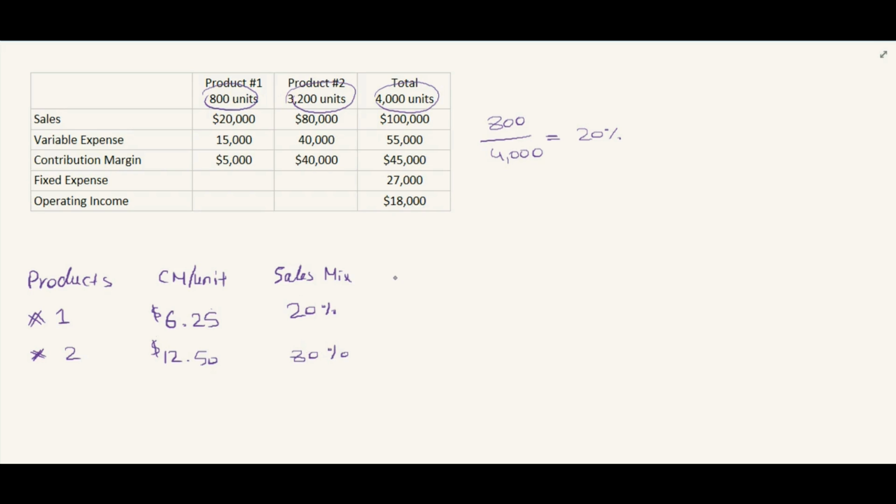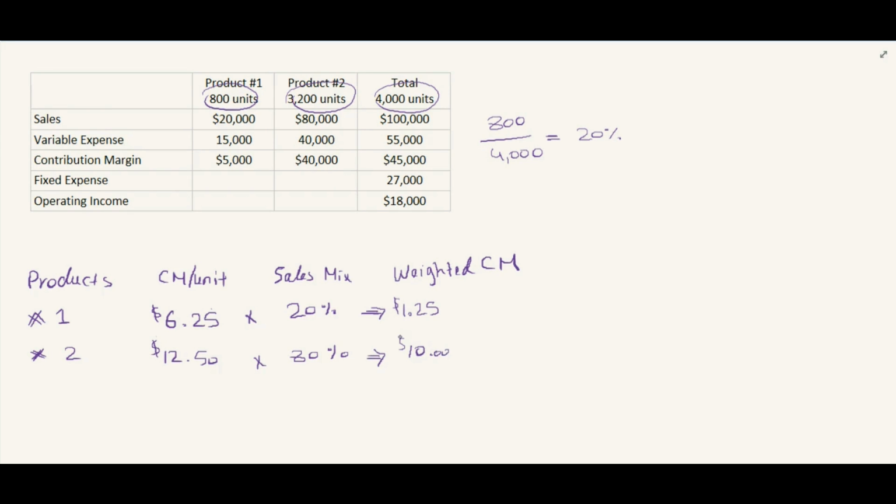We will go and calculate the weighted CM. We can calculate the weighted CM by doing the following. We will multiply the CM per unit by the sales mix for each product. So 6.25 multiplied by 20%, and that will give us $1.25. The same thing here, 12.5 multiplied by 80%, and that will give us $10.